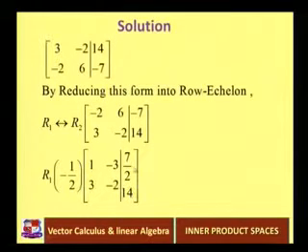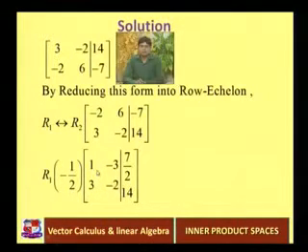Student, I again repeat, the student has to notice that here we converted this augmented matrix into the row echelon form. That's why we made this entry the leading one. Also, the student should notice that in the row echelon form, the entry below the leading one must be 0, but the entry below the leading one is still 3.